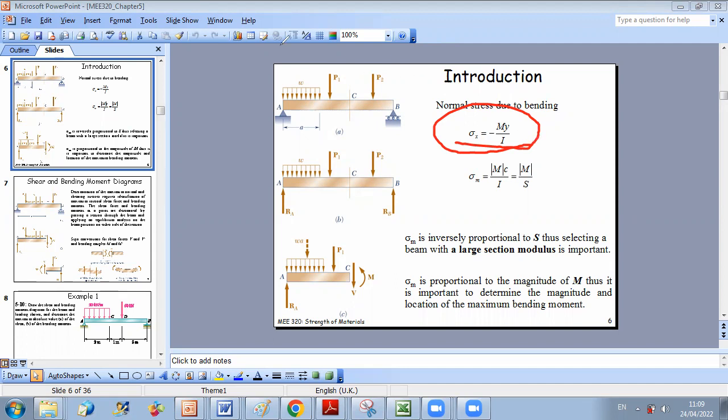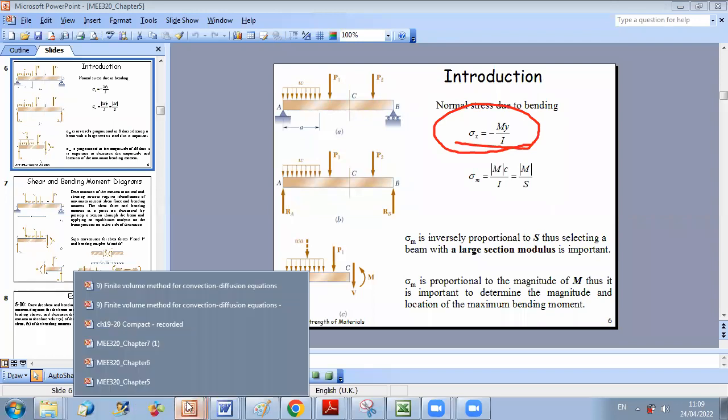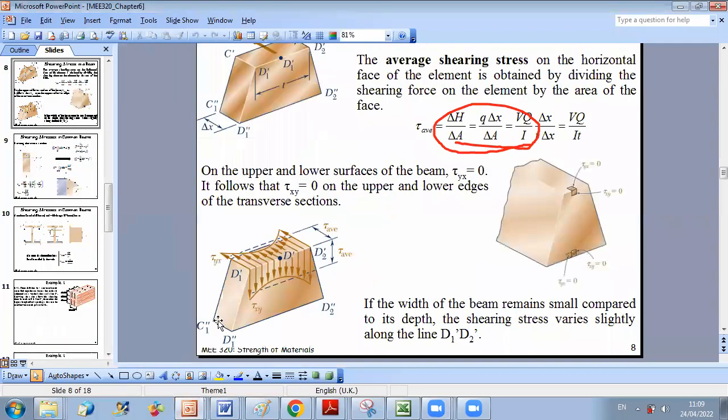And finally, from the study of chapter 6, we have seen the effect of shear force on the creation of shear stresses along the section.